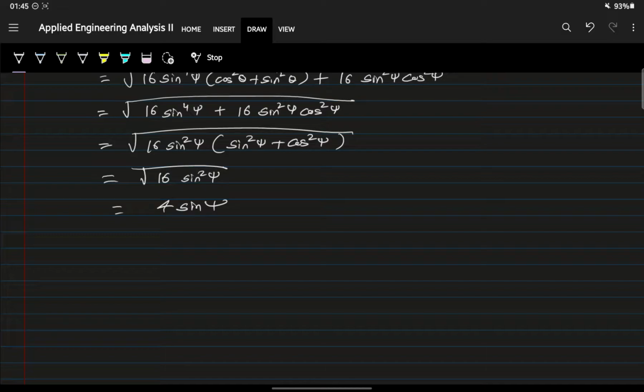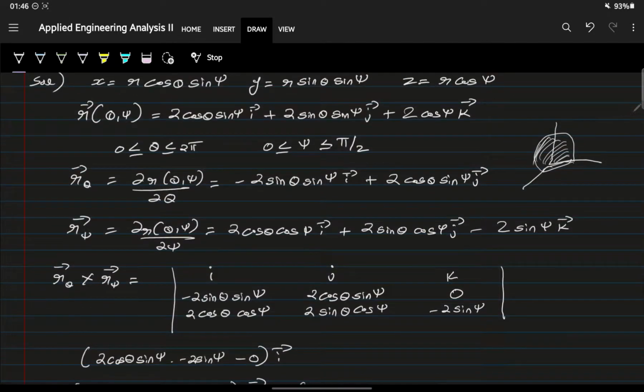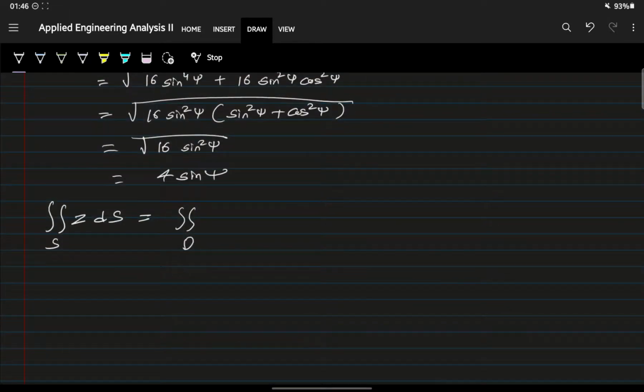So now coming to the main surface integral, we need to find dS. It's given by our main equation, where z is 2 cos phi and the cross product magnitude is 4 sine phi.